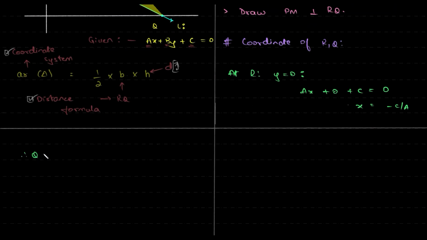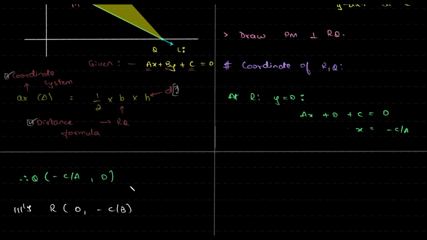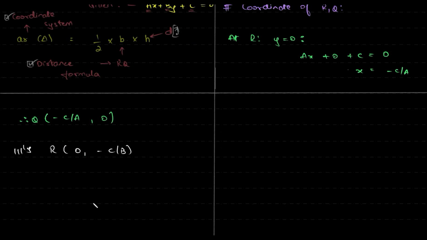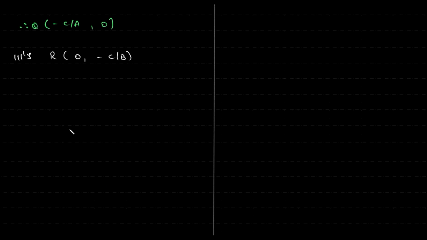Then therefore Q will be minus c by a comma 0. That's your Q, right? Then we can similarly, R is 0 comma minus c by b, right? So the y component will be a number while the x component will be 0. So when we substitute 0 over here, so if I transpose it, it will be minus c, and when I divide with b, it will be minus c by b. So we found the coordinates.